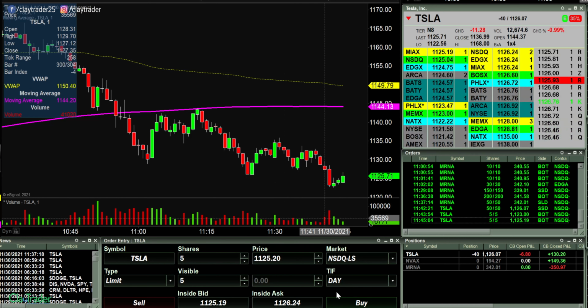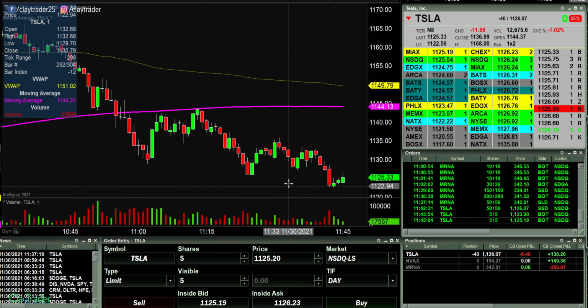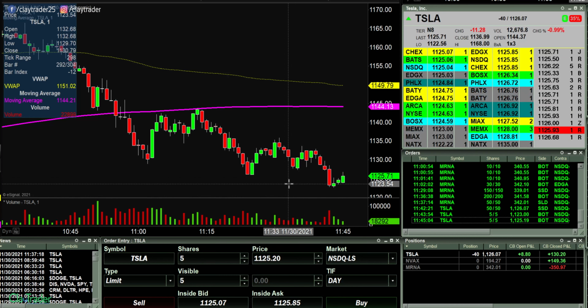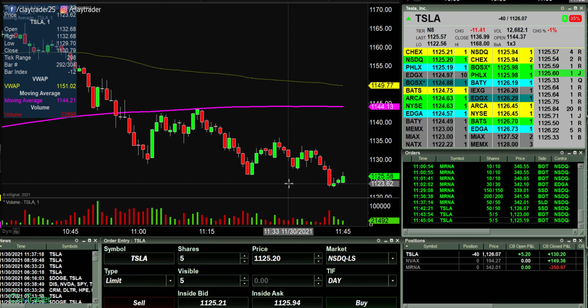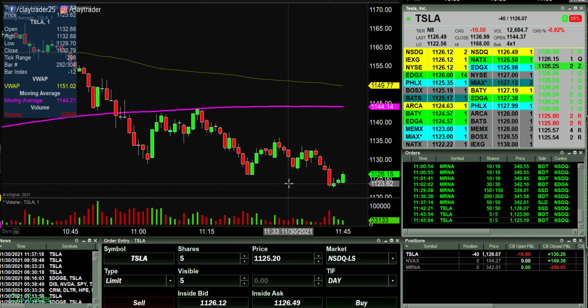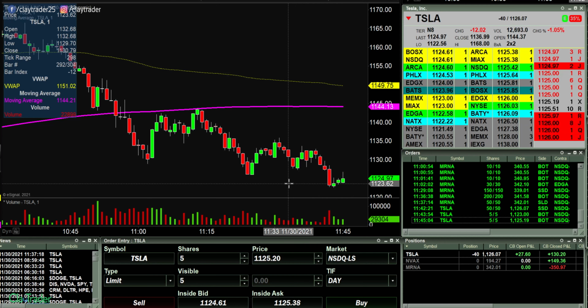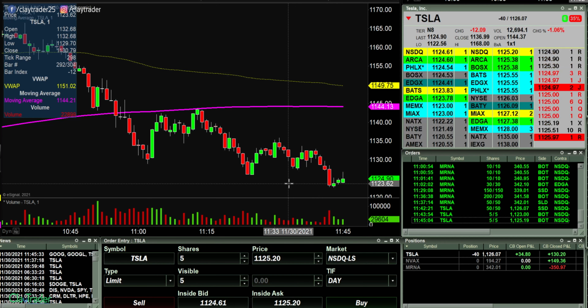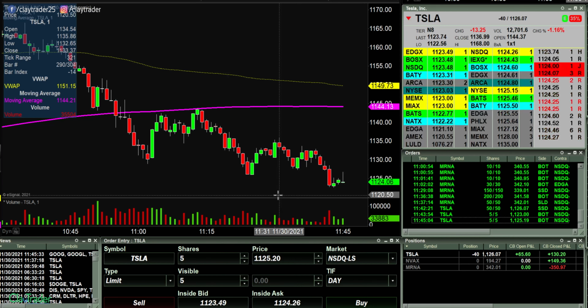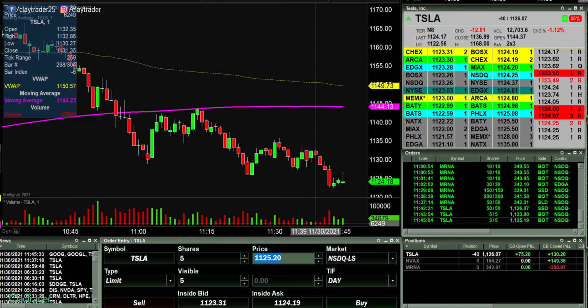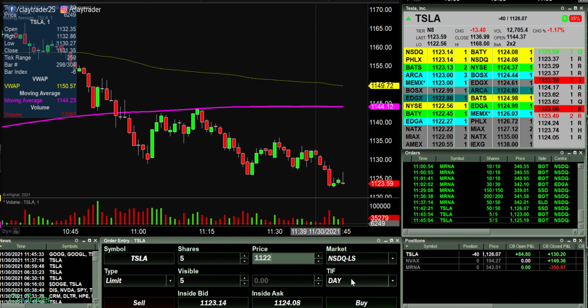Perhaps. But got to give this thing a chance to work for me here. So still have 40 shares. And wow, what a great looking candle this is. Looking good, looking good.